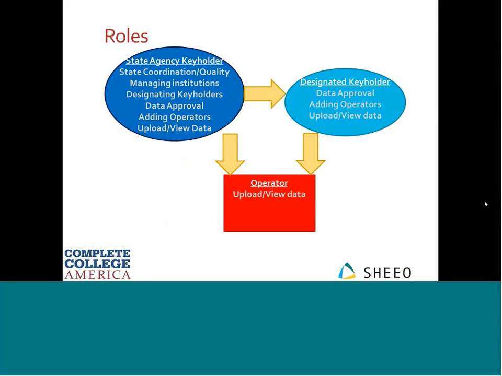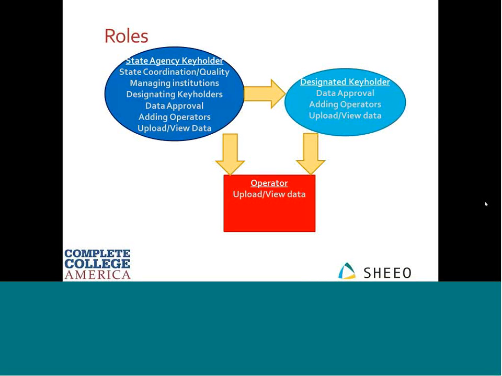Now I just want to briefly talk about the roles that we will have for this year's data collection process. The roles are very similar to last year, although we've added one additional role, hopefully to help add some clarity. So first, there's the state agency key holder, which many of you served as last year. And the real role of the state agency key holder is to coordinate the process from the state level. You are our point of contact for SHIO and for CCA.